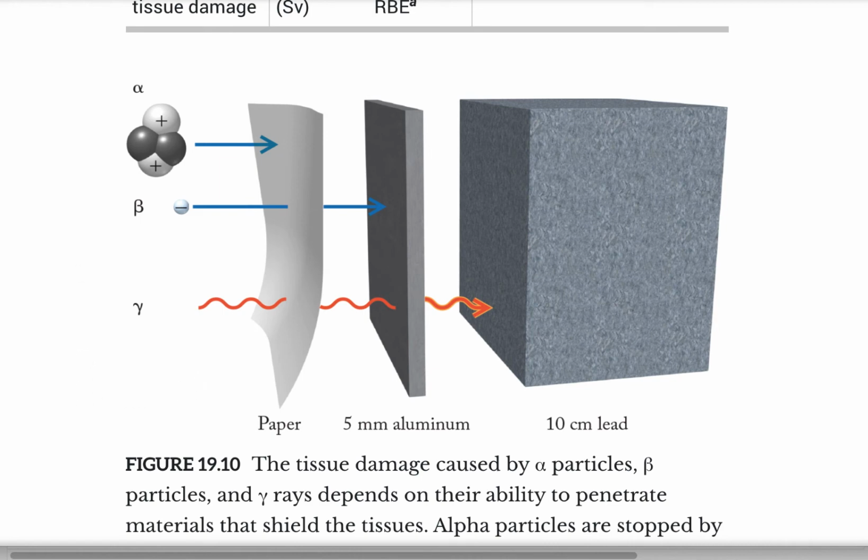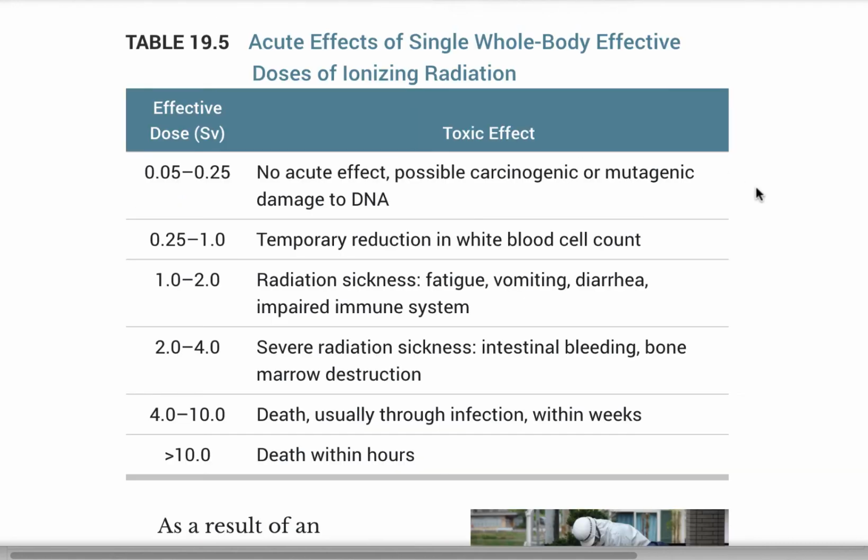Let's take a look at some of the radiation dose health effects just in general, and then we'll look at some very common exposures to our radiation sources. This is table 19.5 in our book, and so at very, very low doses, this is below 0.25 sieverts of any particular kind of radiation, then there are no immediate effects, but potential long-term carcinogenic effects.